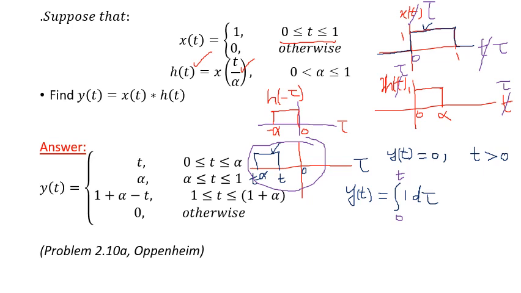t minus alpha crosses 0, right? So when t minus alpha crosses 0, if I write here, t minus alpha is less than 0, that means when t is less than or equal to alpha, your interval will be 0 to t, because the moment this point, which is t minus alpha, becomes greater than 0, at that point the input signal, this one, will have a non-zero value, but this signal will have 0 value.